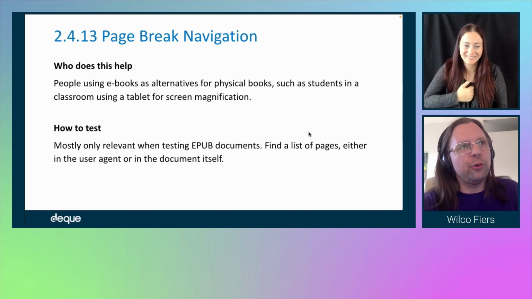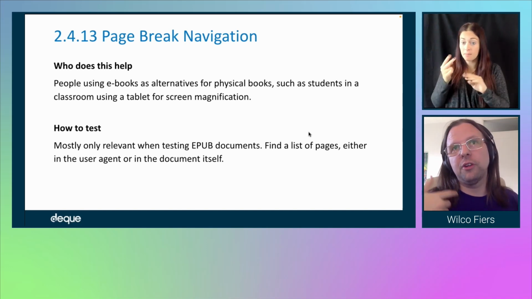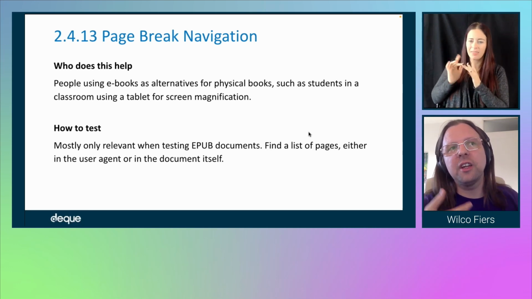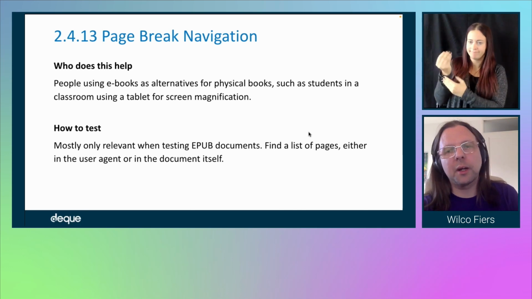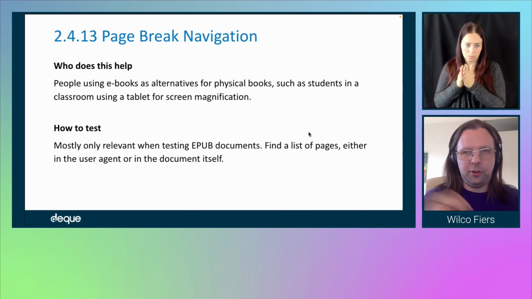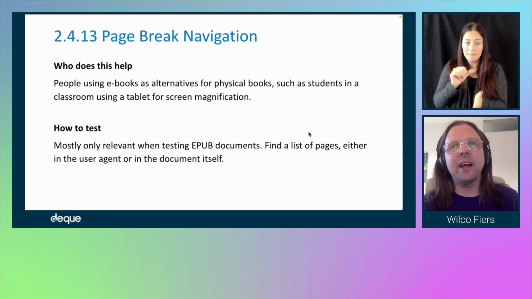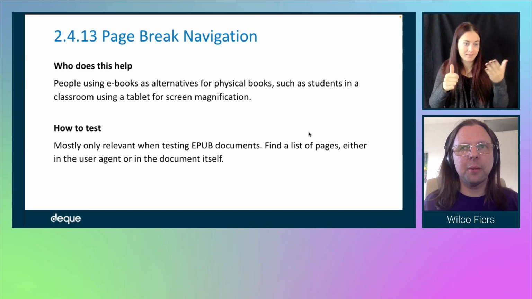This is most useful for people using ebooks as an alternative to physical books. For example, students in a classroom who use a tablet for screen magnification. If a teacher says go to page 10, you need to know where page 10 is. And this success criterion says that the document needs to provide a mechanism.